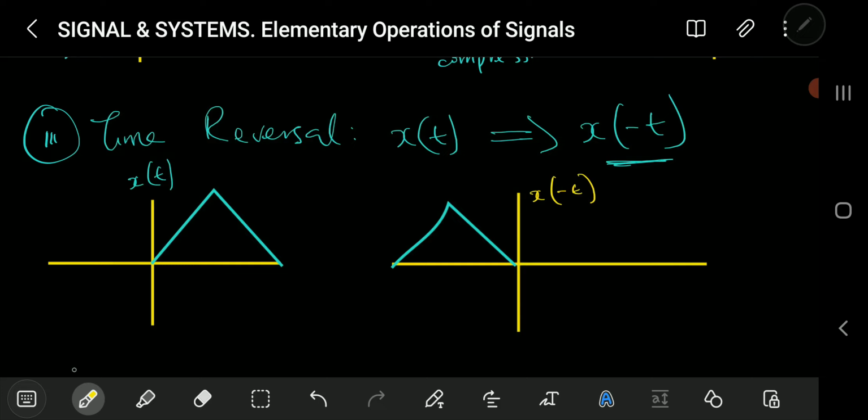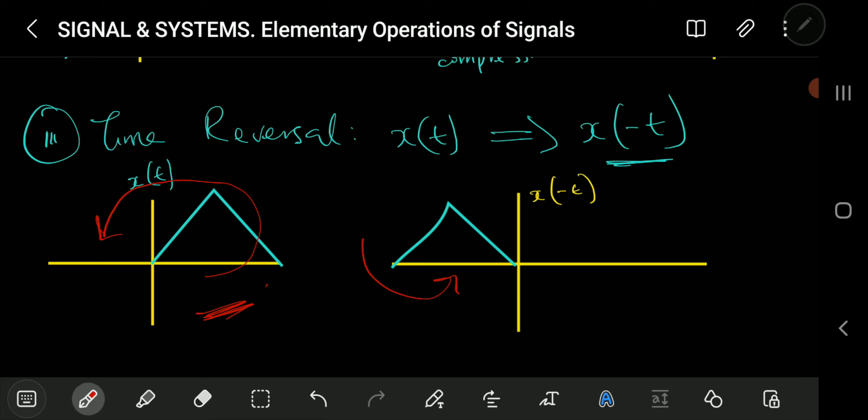Because if you should mirror it, that means if you should flip it along the y-axis, you are going to be getting this, exactly. So that's what time reversal is all about. It involves the mirroring of a signal.